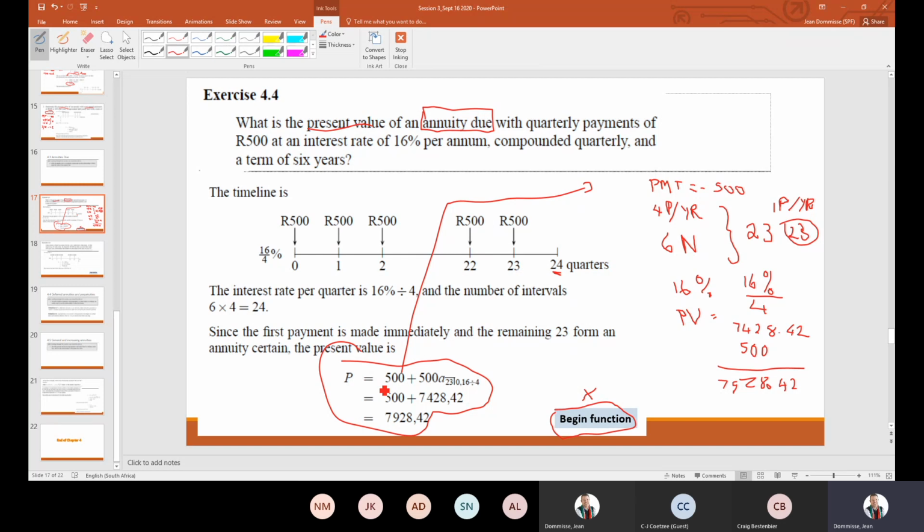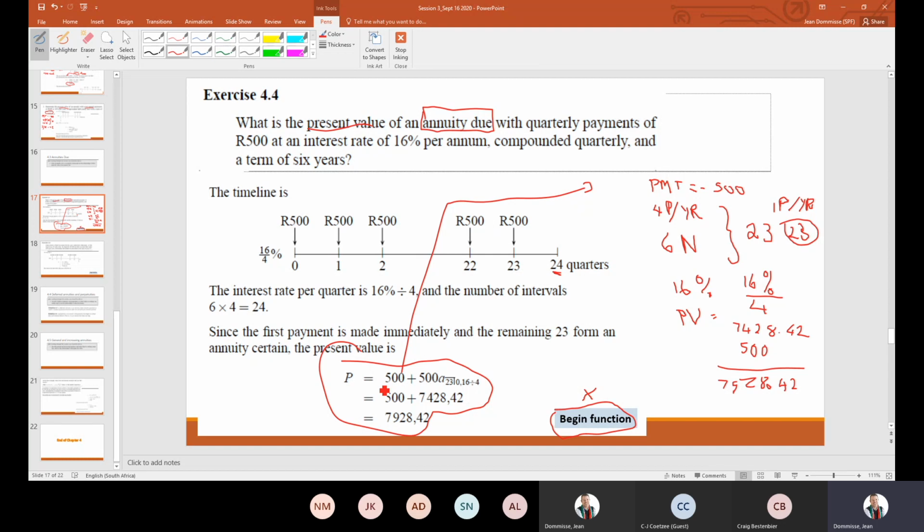Then it's basically the same principle. It will be the minus 500 PMT. Then I would go the old method of 4 times per year for 6 years, which gives me the 24 periods. It is 16% interest, 0 future value, and then my present value automatically gives me the 7928.42.